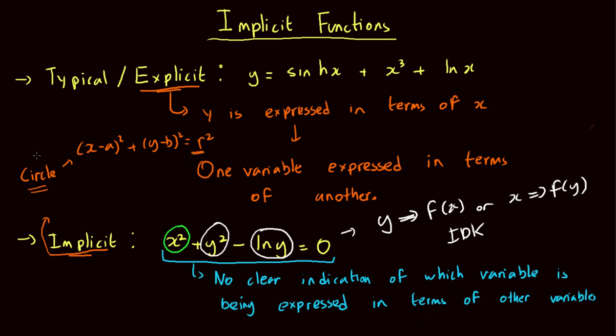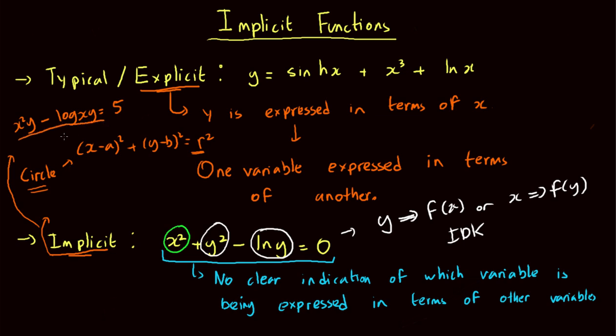And there are many other graphs in calculus that will be expressed in a form like this, for example x squared y minus log xy equals 5. You can obviously plot these graphs.